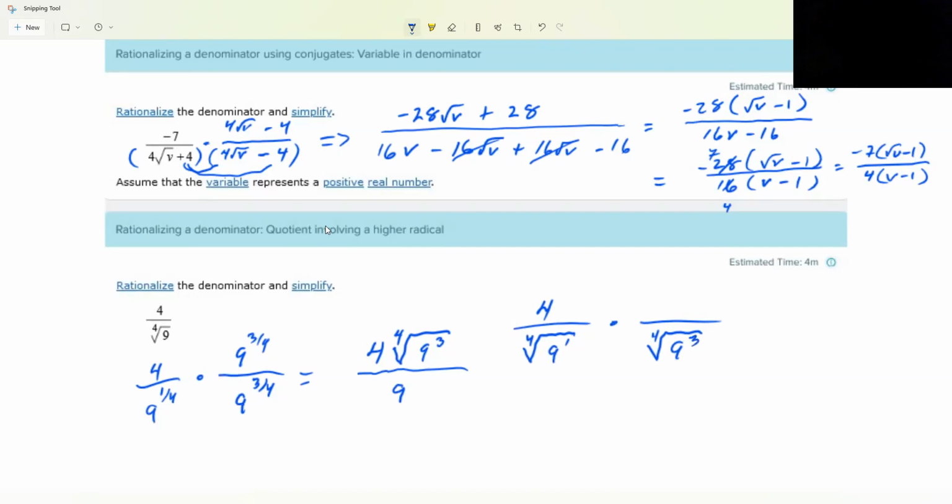And then you do the top the same way. Now when you multiply these two things together, let's do it down here. We get 4 times the 4th root of 9 to the 3rd, all over 9.